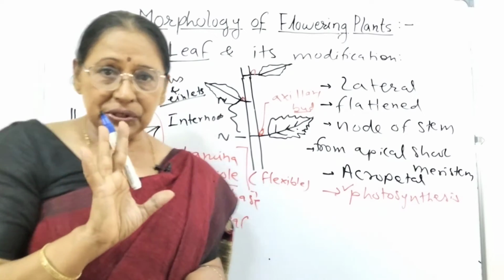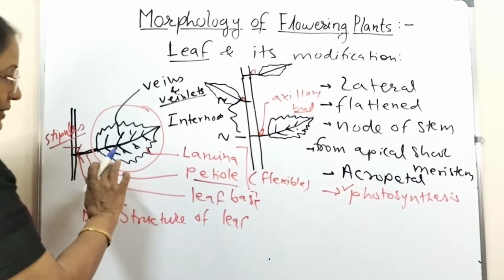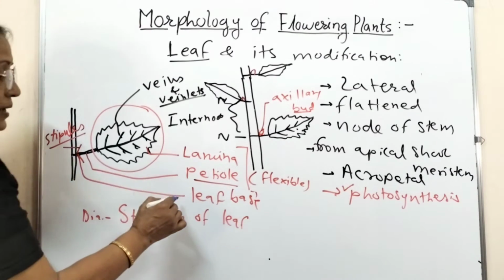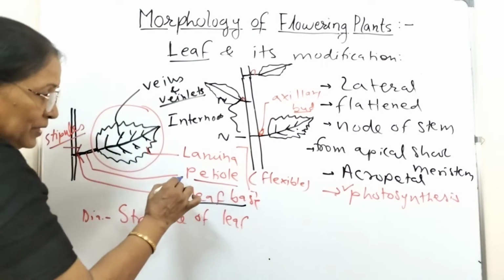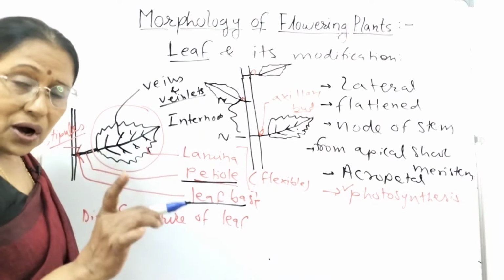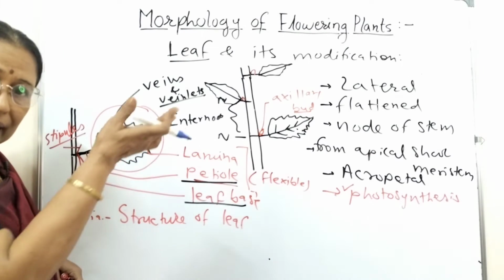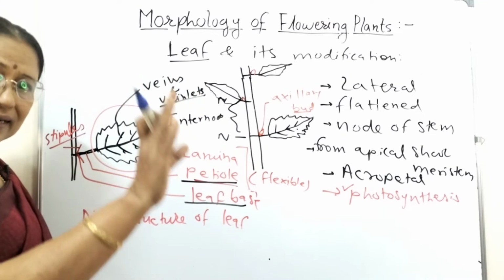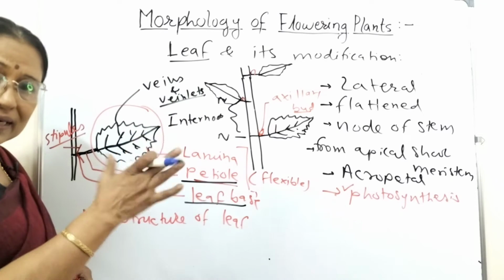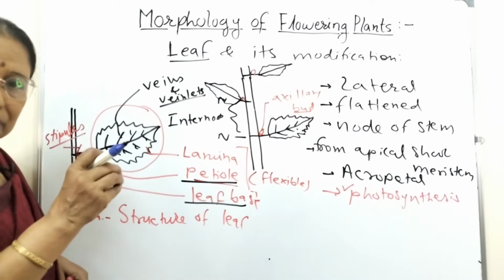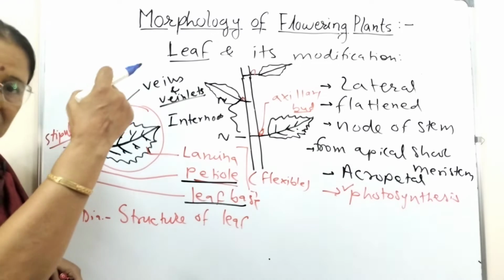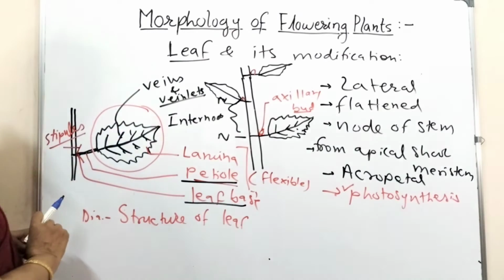So this much you have understood, that the leaf has three parts. The leaf base, which attaches the leaf to the stem. The petiole, which is the stalk of the leaf, and it spreads the lamina into the sunlight. It also helps in fluttering of the leaf, by which it cools down the temperature and brings fresh air towards the lamina.